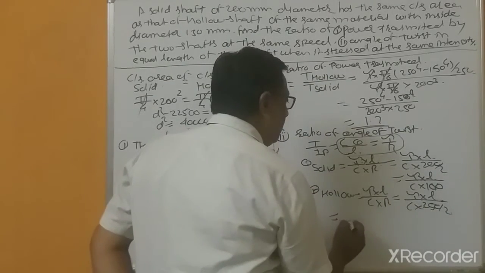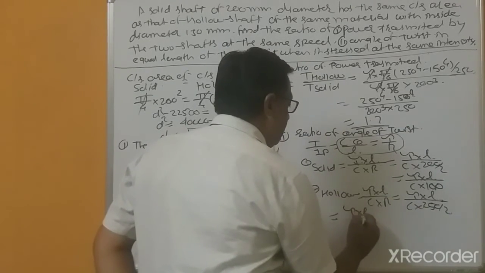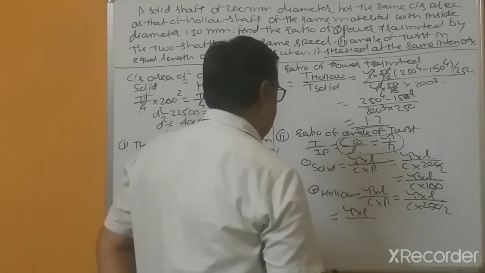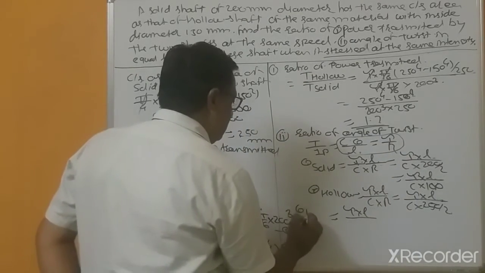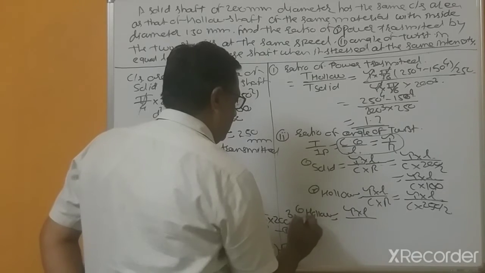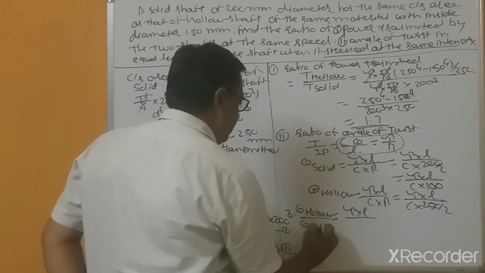Now this ratio equal to tau into L divided by, so this is hollow divided by solid.